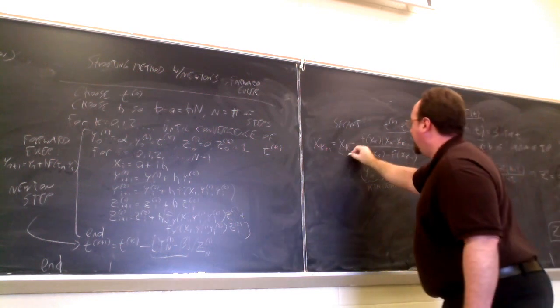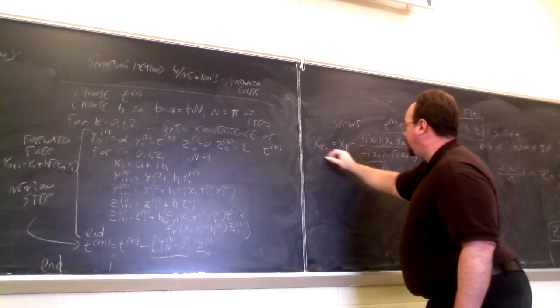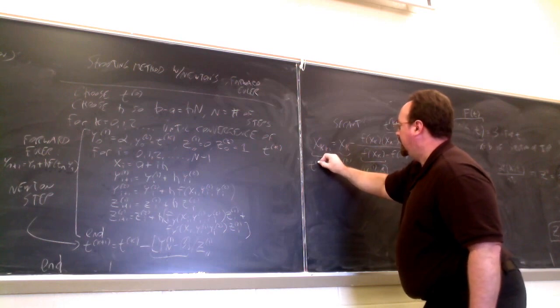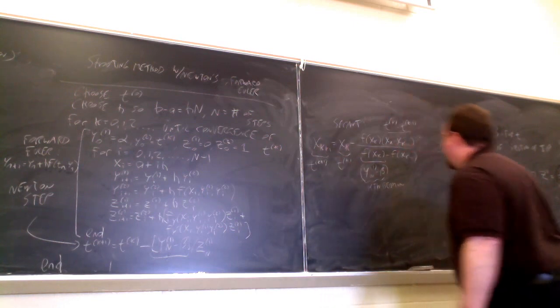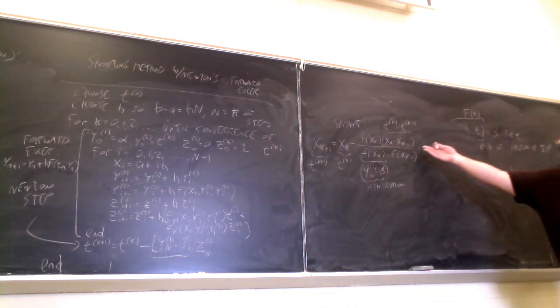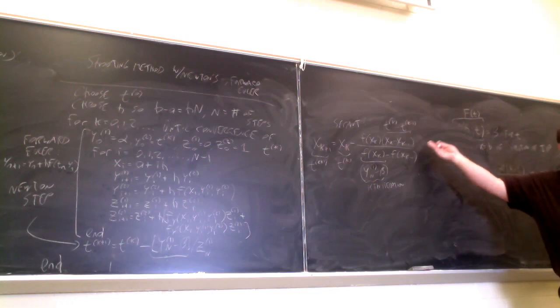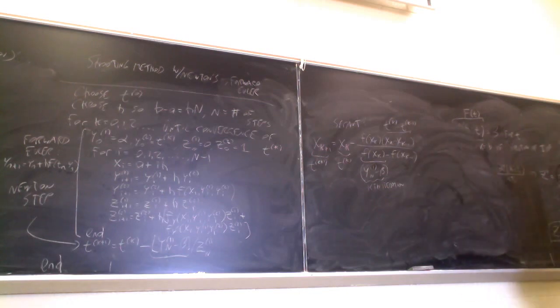So this is the notation of our shooting method. Here's the formula that's always written in textbooks for secant method, and here's how you would adapt it to this case.